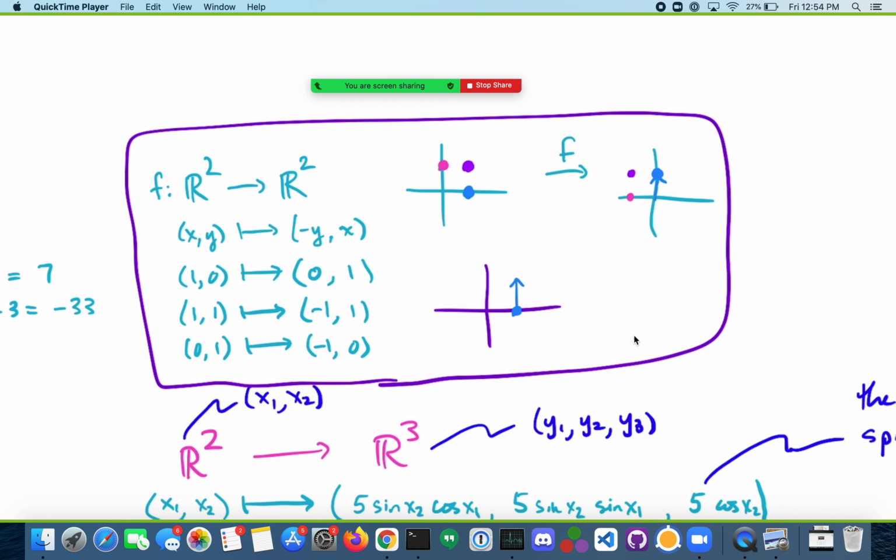Here's this purple point, and here was its output. The purple 1, 1 got assigned negative 1, 1. So at the point 1, 1, I can assign the vector negative 1, 1, and I'll draw it like that, attached to this point. And now this pink point here, 0, 1, got assigned negative 1, 0, and I view this now as a vector, and I attach it to the pink point like that.